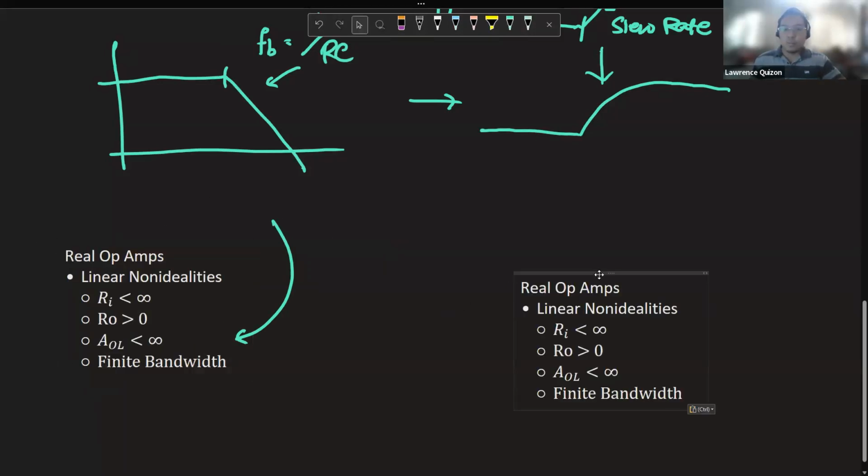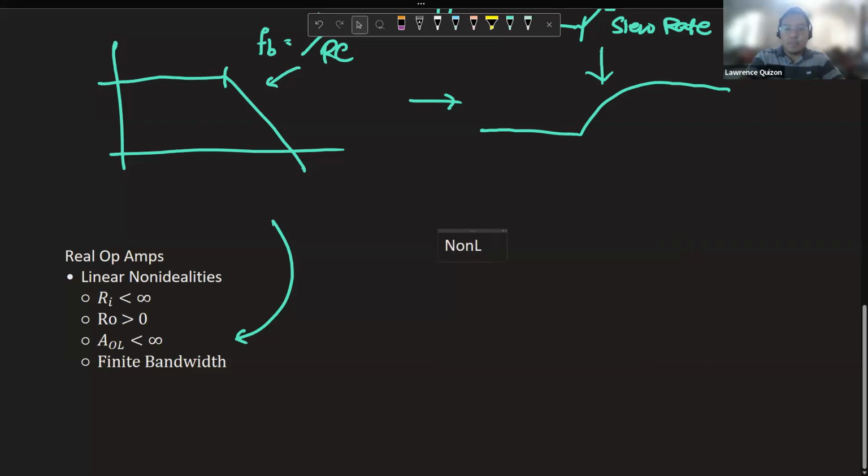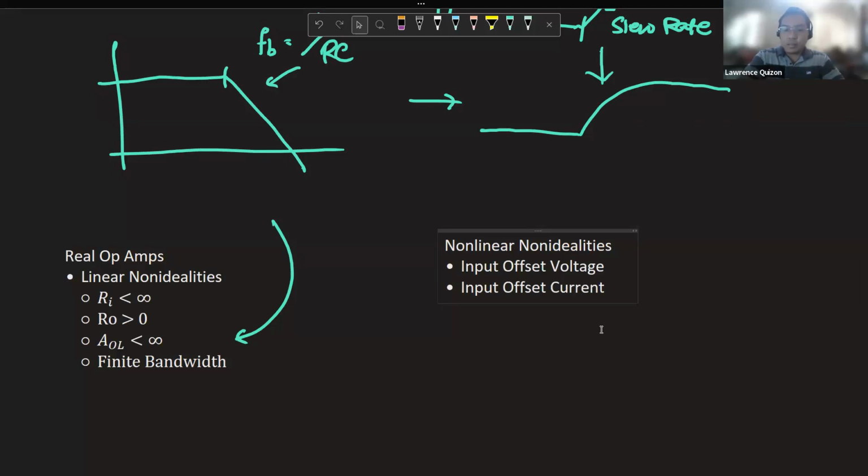For nonlinear non-idealities, first off we have input bias voltage, or rather input offset voltage. We have input offset current or bias, input offset slash bias current.